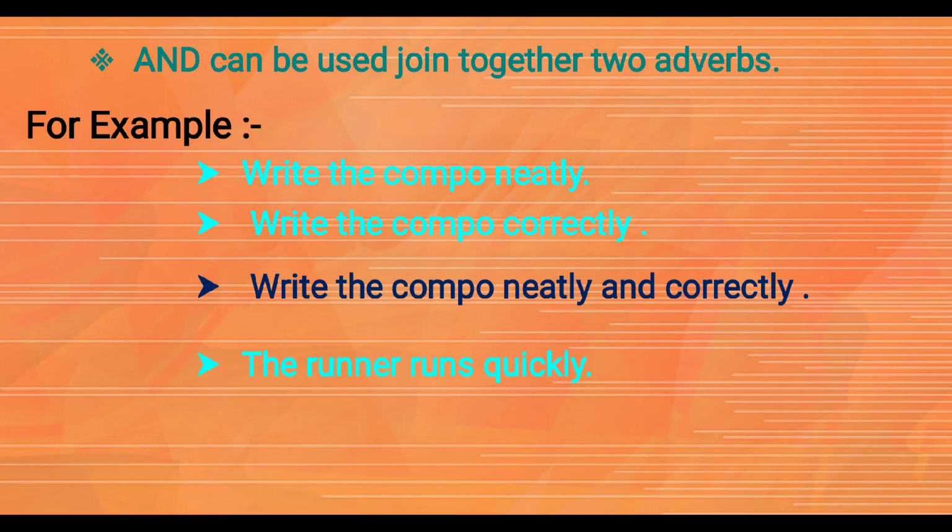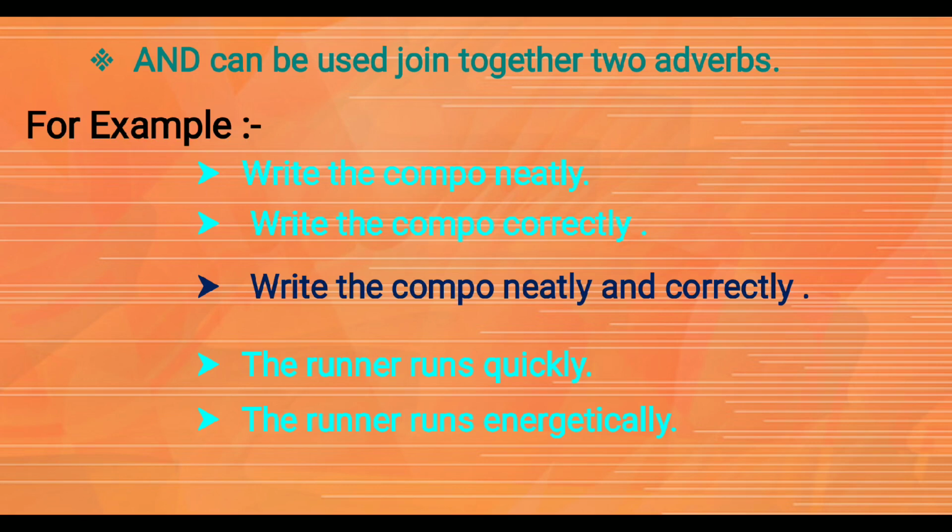Let's see another example. The runner runs quickly. The next sentence is, the runner runs energetically. Here two adverbs are there. As we know, quickly and energetically are the adverbs. So how can we join them together?